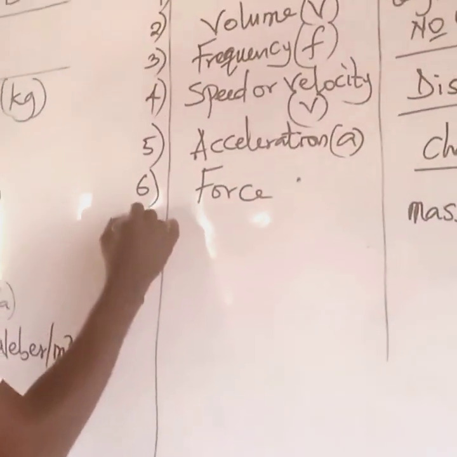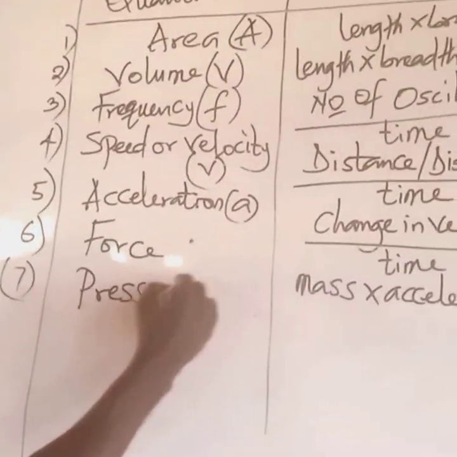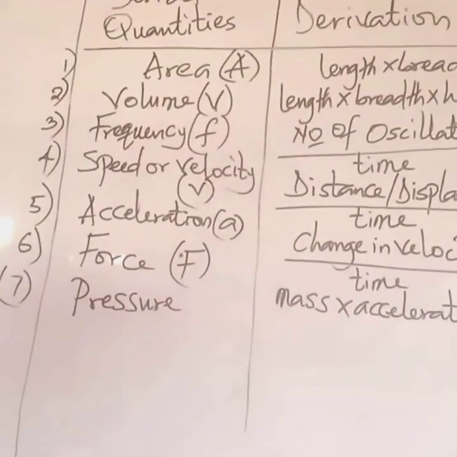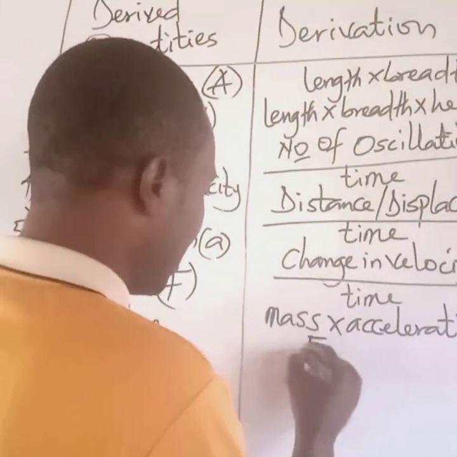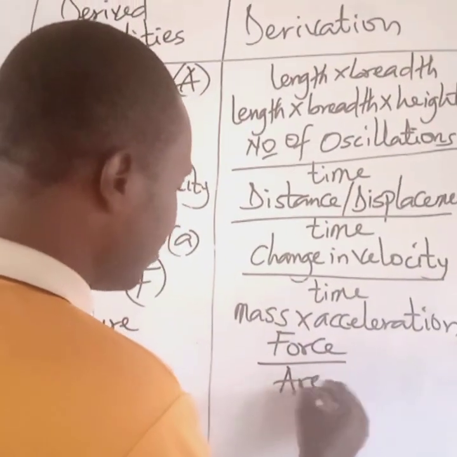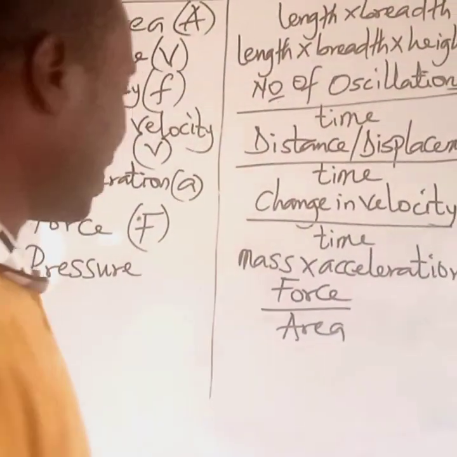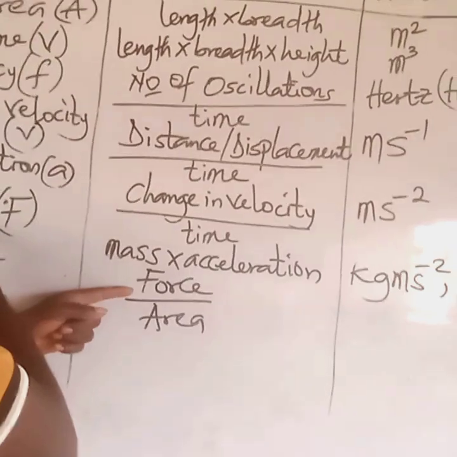Let's look at pressure. Pressure is another derived quantity, and the derivation is force over area.